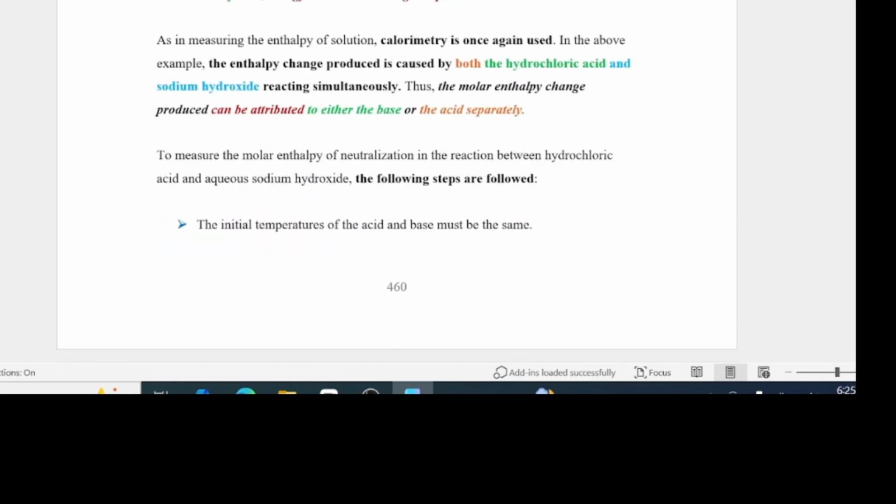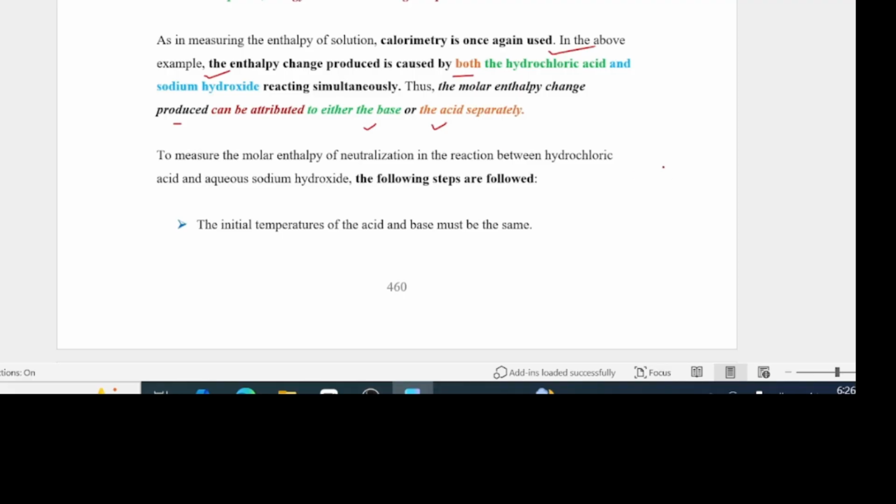Again, calorimetry will be used to calculate the molar enthalpy change for this neutralization reaction. But one thing to note is that the enthalpy change produced is caused by both the hydrochloric acid and the sodium hydroxide reacting simultaneously. So we're saying that the molar enthalpy change produced can be attributed to either the base or the acid separately.